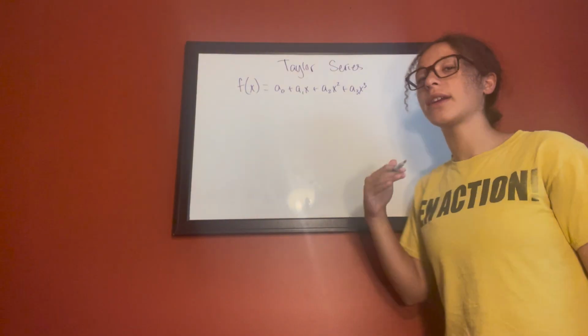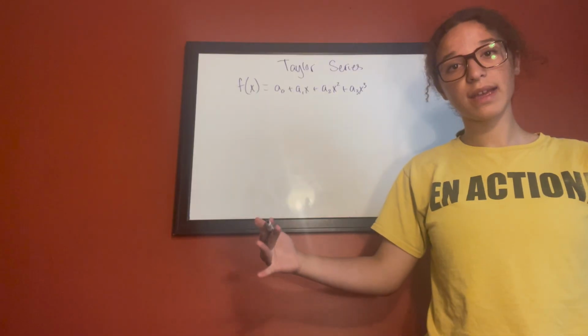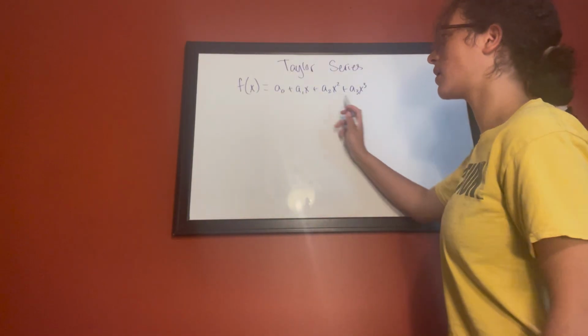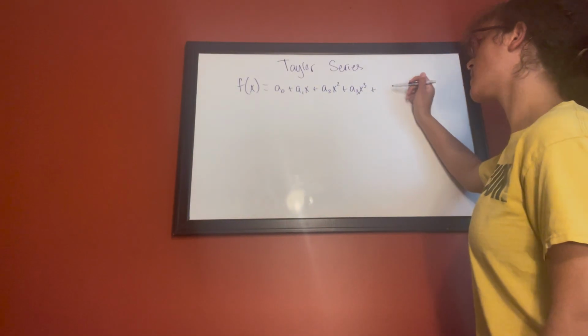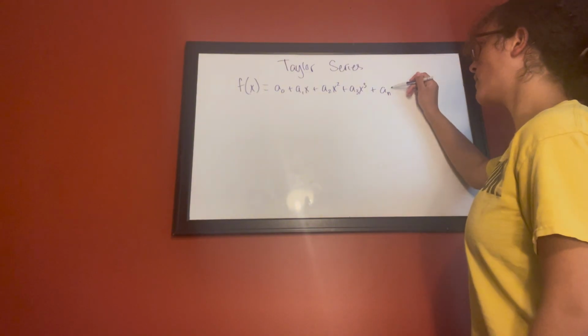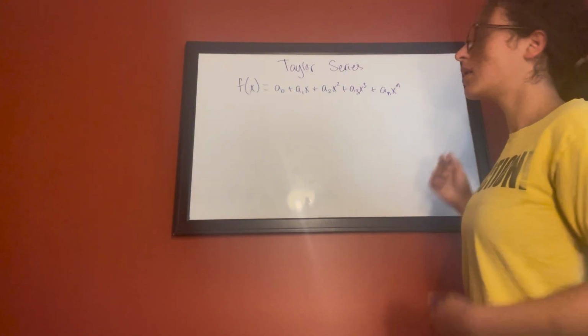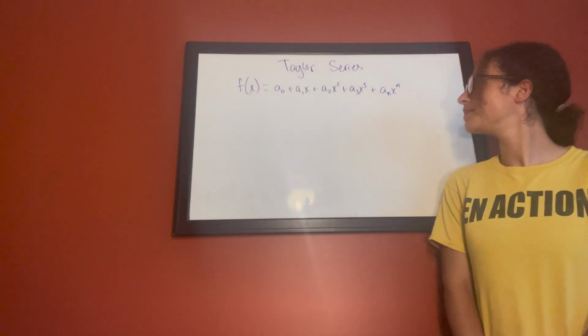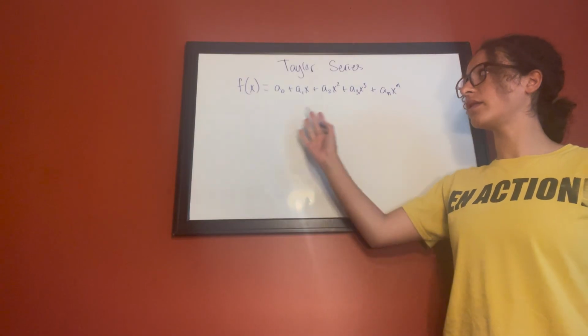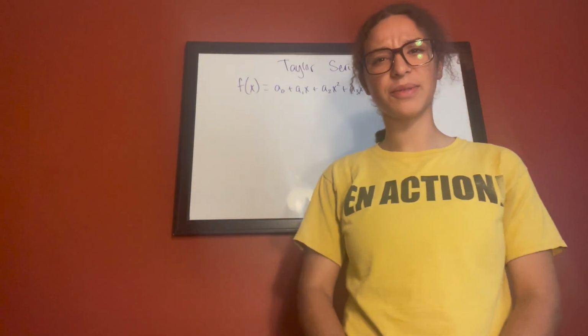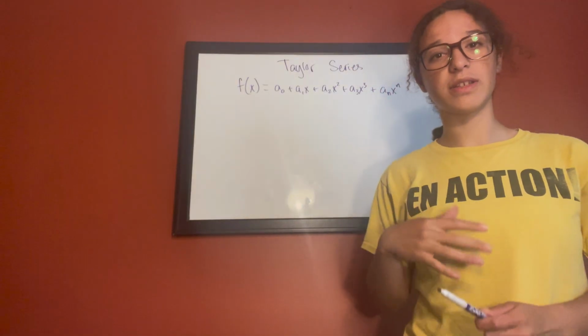So we're getting higher and higher degrees of x, each with their own unique coefficients, all the way until the nth coefficient and the nth degree of x. Okay, so this is generally what we consider just a polynomial series.